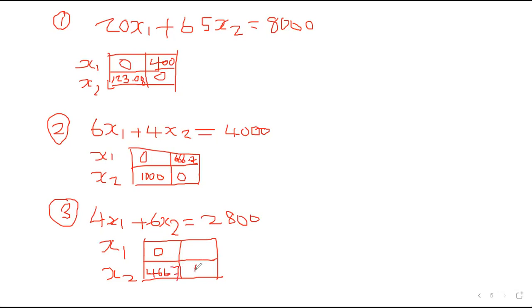Then if this one is 0, this one will give us 700.